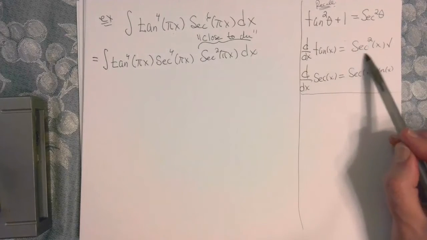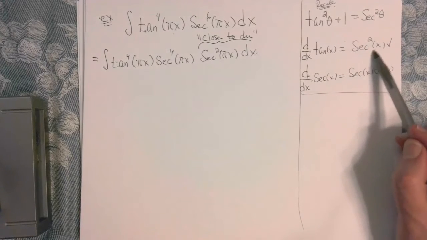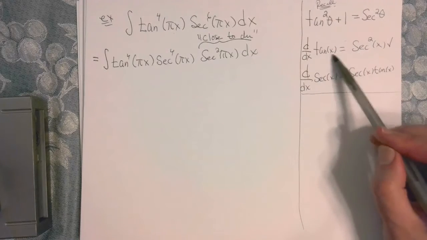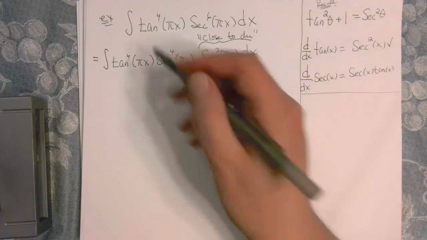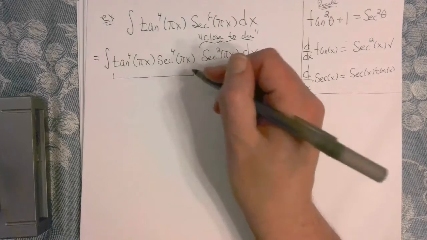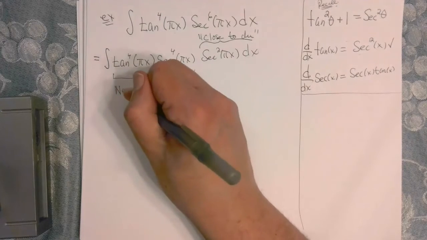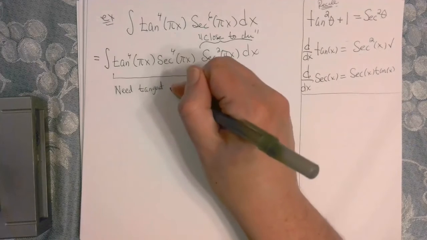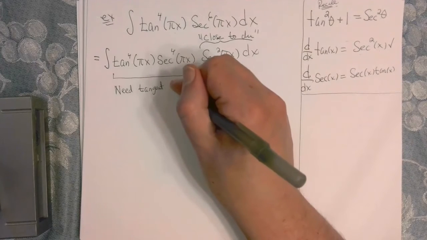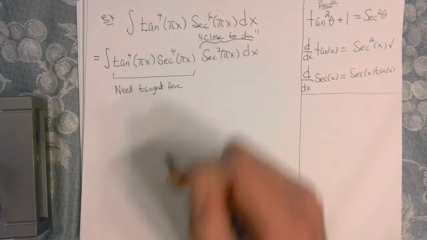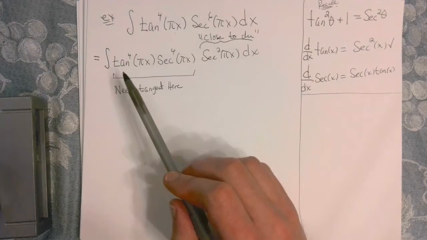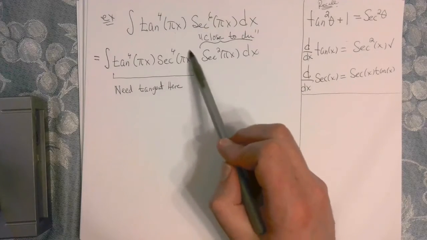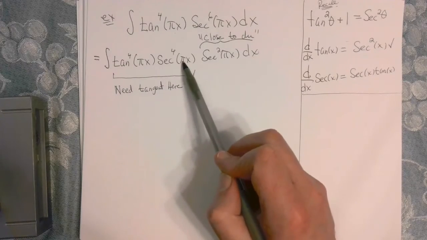So if my derivative, my du, involves a secant squared, then my original function, my u, should be in terms of tangent. That means this needs to be in terms of tangent. Well, we're in luck. This is already tangent stuff, right? So the question then becomes, how do I turn this into tangent stuff?